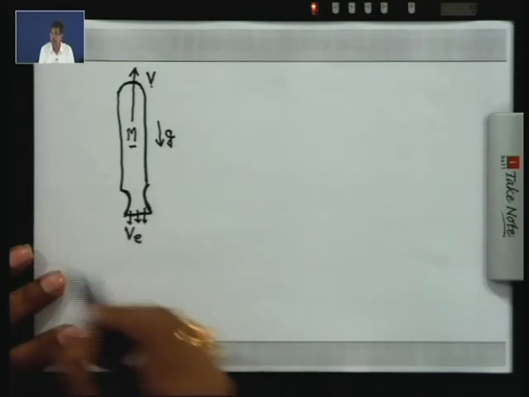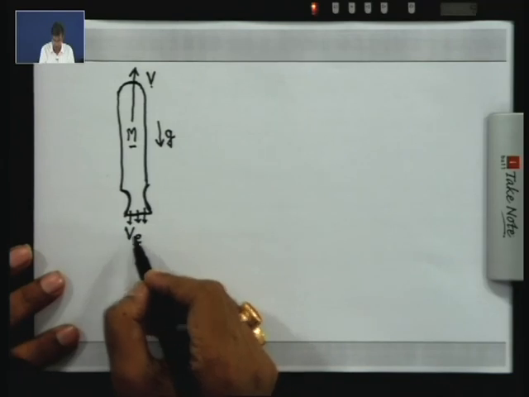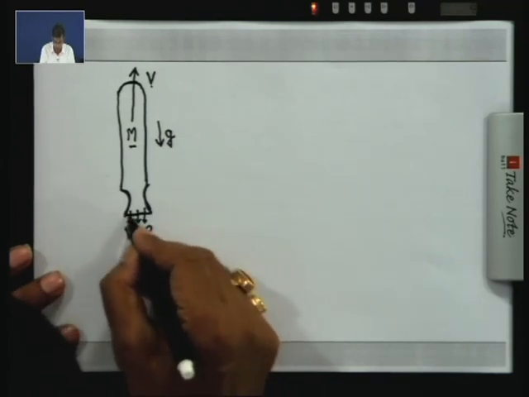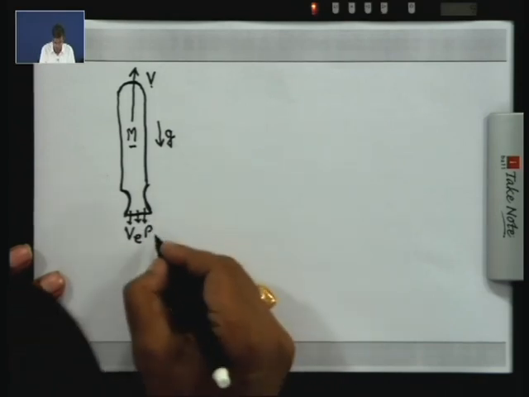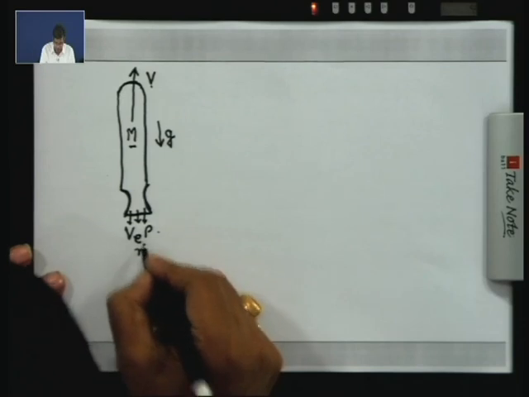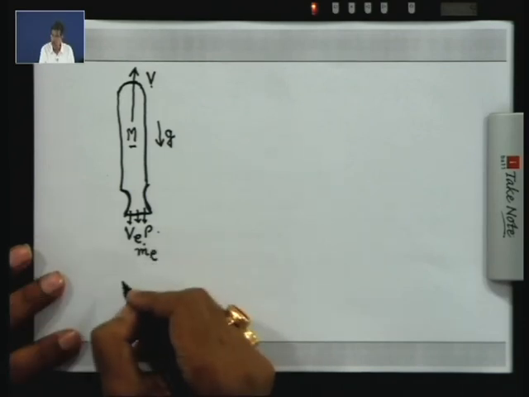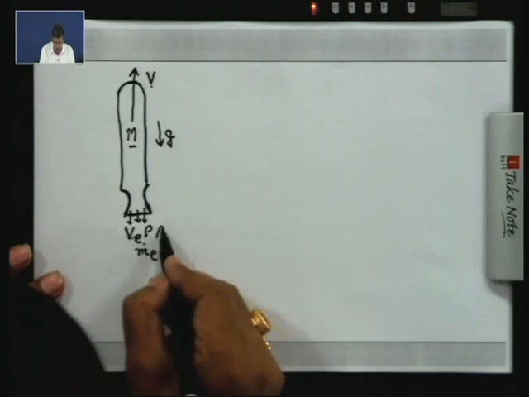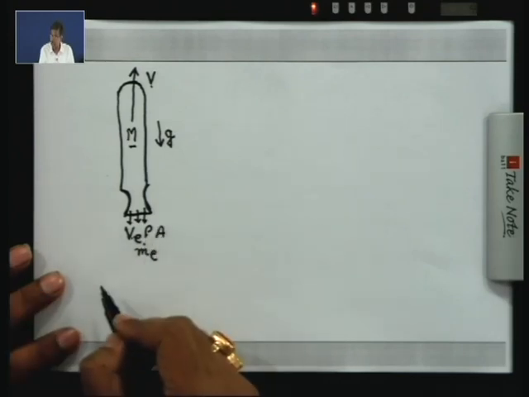Relative to the jet, and with a constant density across this area A. This problem is also specified by a mass flow rate m dot E, which will definitely be equal to V rho and the area of the nozzle outlet.